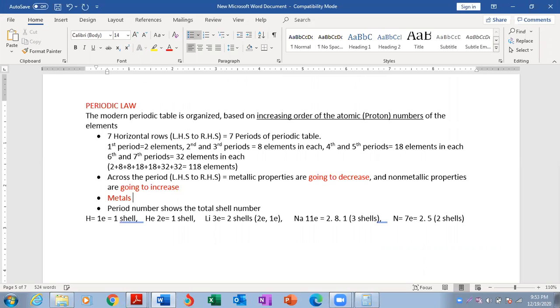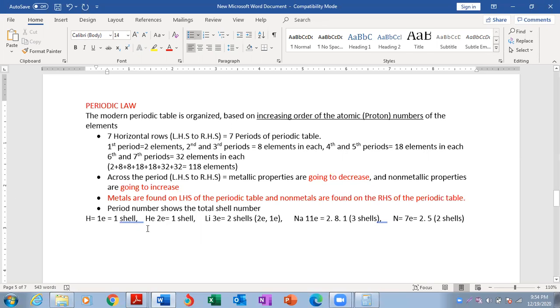Metals are found on the left hand side of the periodic table and non-metals are found on the right hand side of the periodic table.